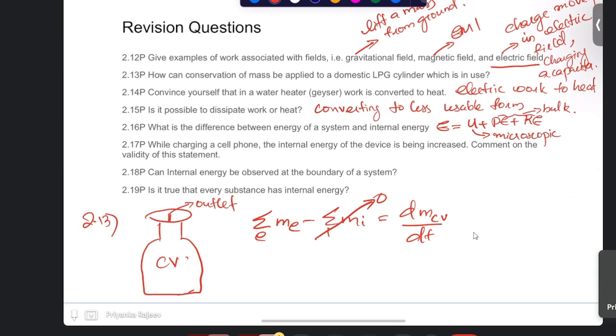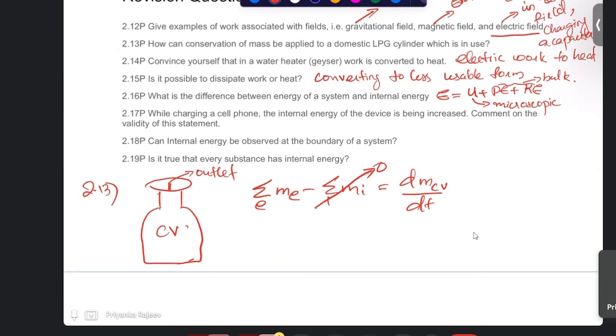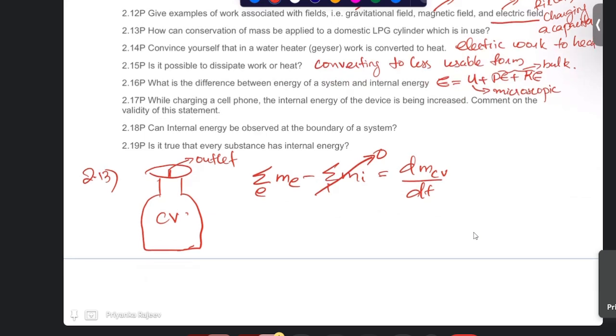Now, while charging a cell phone, the internal energy of the device is being increased. Comment on the validity of the statement. Yes, it is increasing. Why? Because first of all, when you're charging, temperature increases. That means internal energy is increasing.